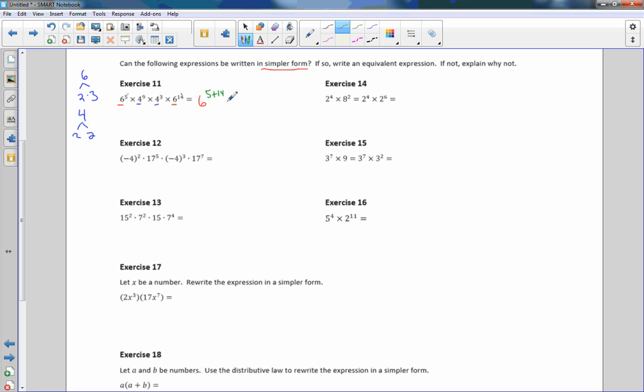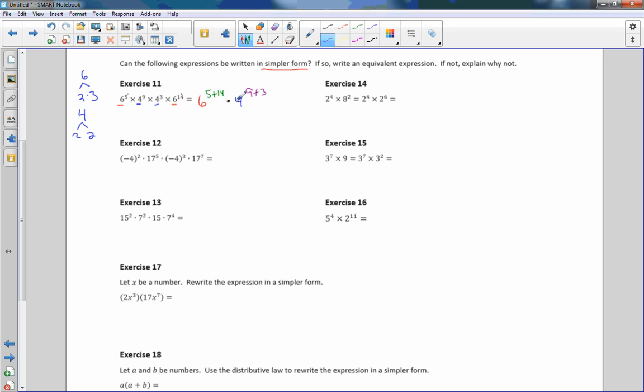And then I'm going to multiply that by the base 4. So I have 6 to the power of 5 plus 14. These are these two. And now I have the 4 to the 9 and the 4 to the 3. So I can multiply that by 4 to the power of 9 plus 3.